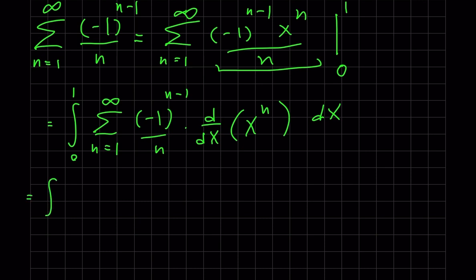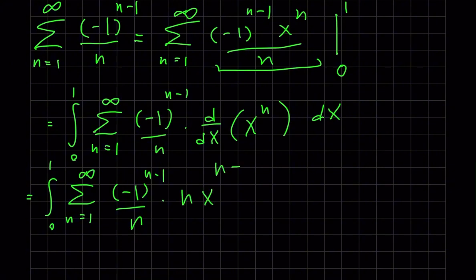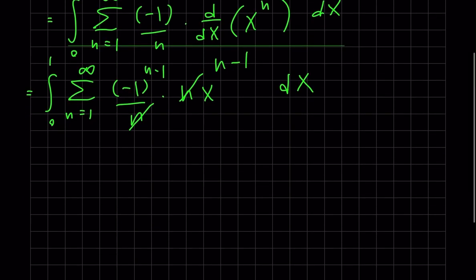This is equal to the integral from 0 to 1 of the sum from 1 to infinity (-1)^(n-1) over n times the derivative of this, which is just n x^(n-1) dx. The n's will divide to 1.